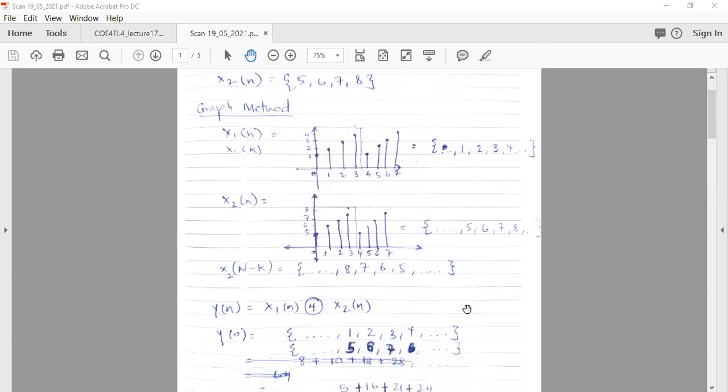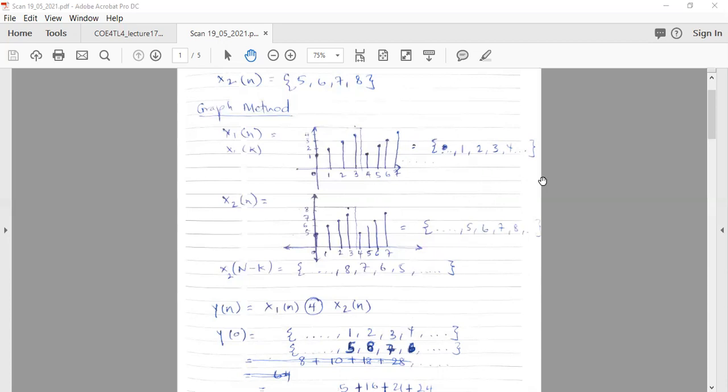Okay, moving on. Once you are done with the sequences, you have one sequence, and the other sequence is given there. The next thing is you have two sequences, and you have to reverse either of them. You flip it and then shift accordingly when you are finding a convolution using the graph method or the definition method.